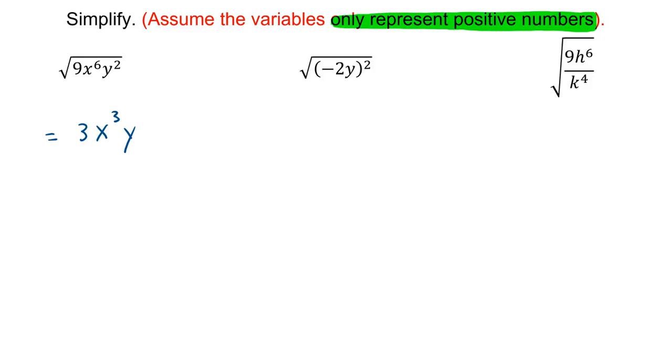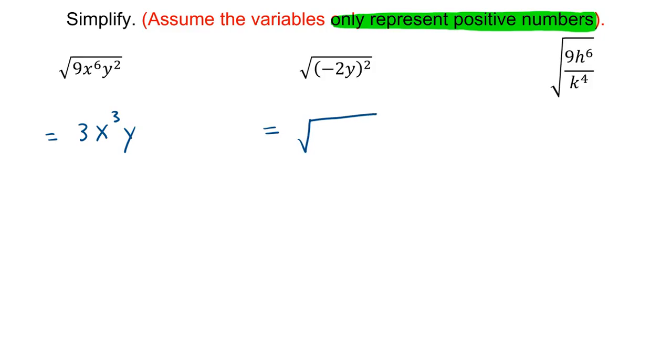Let's look at the example in the middle. Here we're asked to find the principal square root of the quantity negative 2y squared. Well, this is one of those examples where we have to complete some work underneath the radical sign before we can actually find the square root. So let's square negative 2y first.